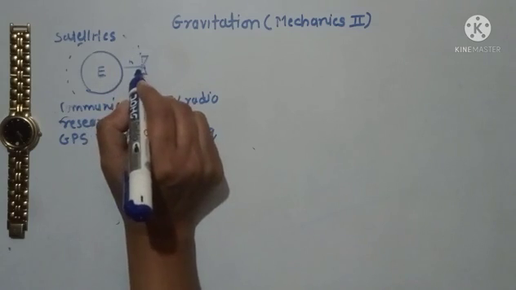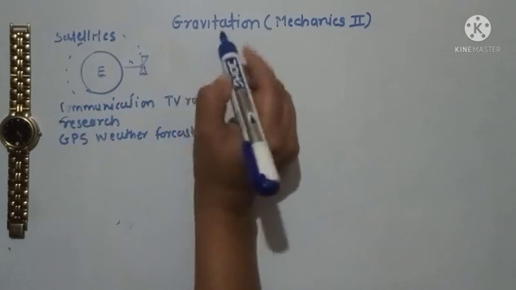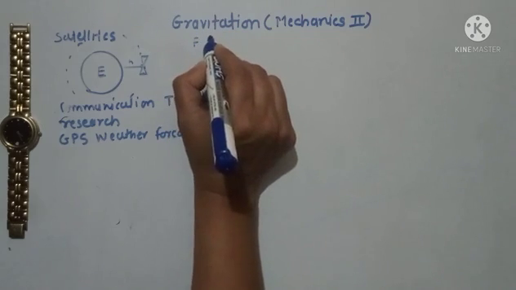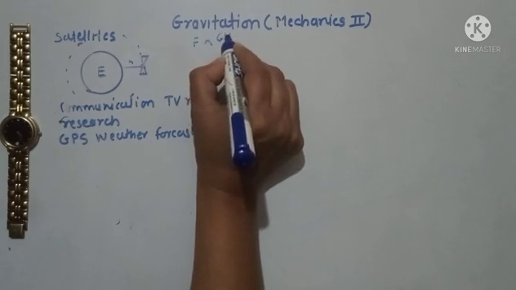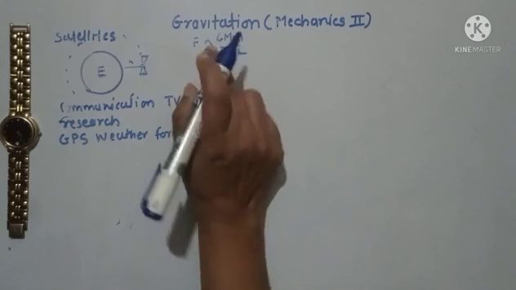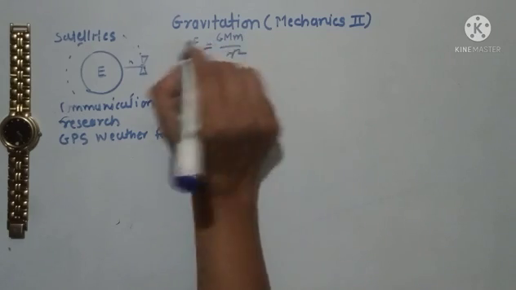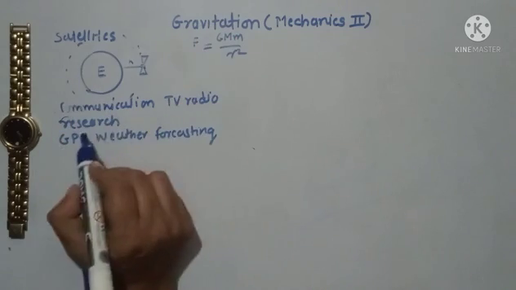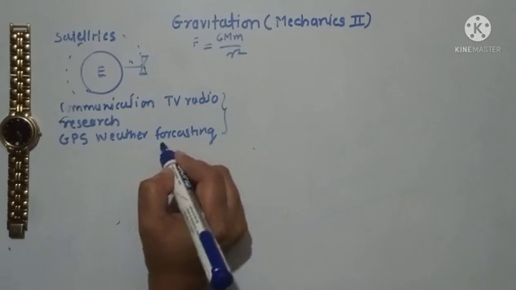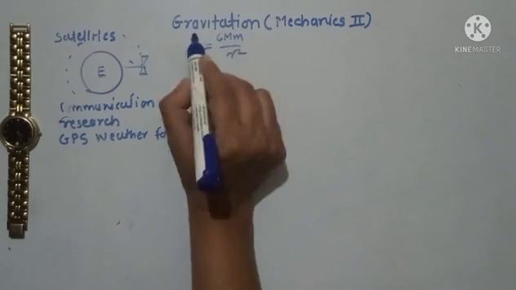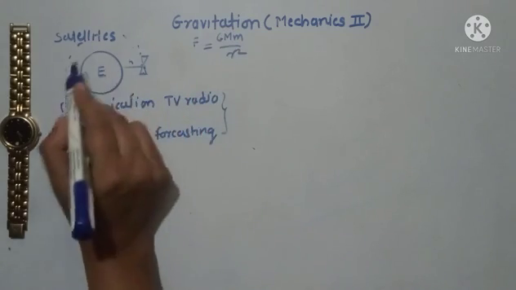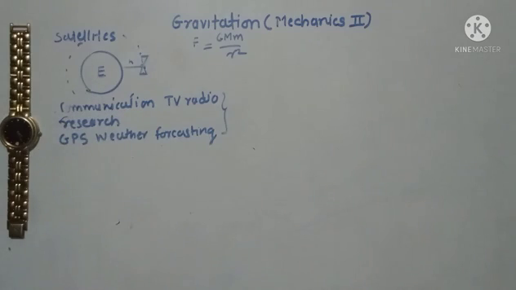All of this comes from Newton's law of gravitation, which is GMm upon r square. These artificial satellites used for different purposes are nothing but the physical significance of this gravitational force field. That's why we are studying these artificial satellites.